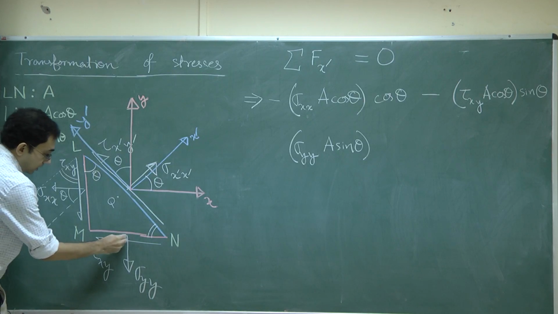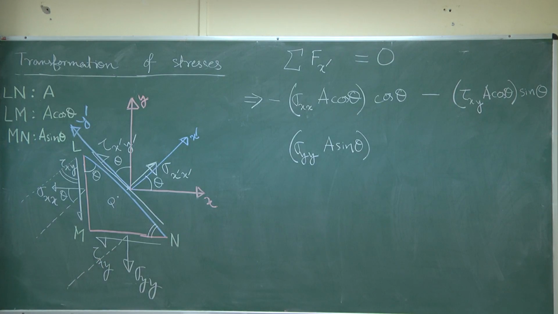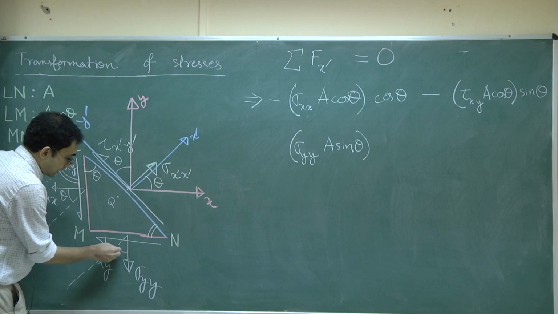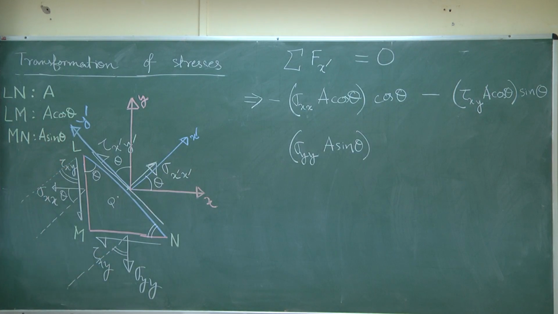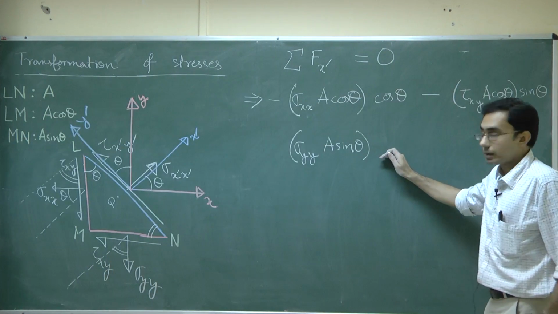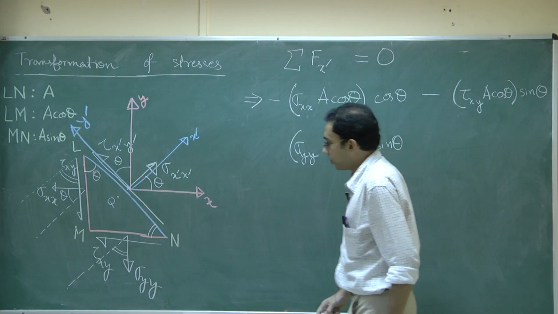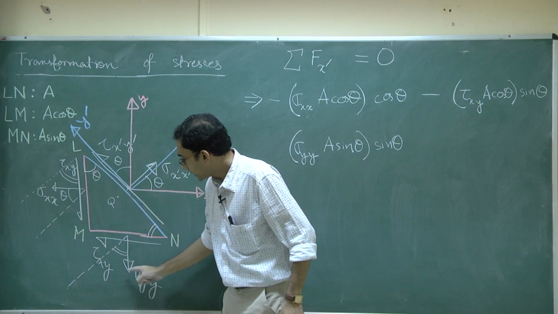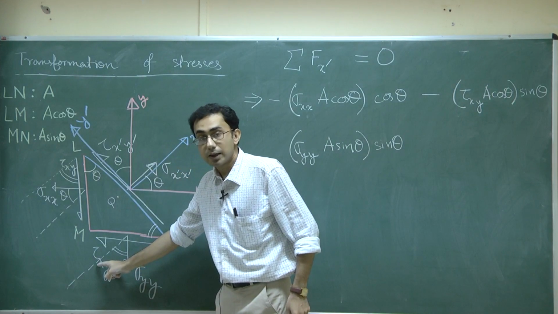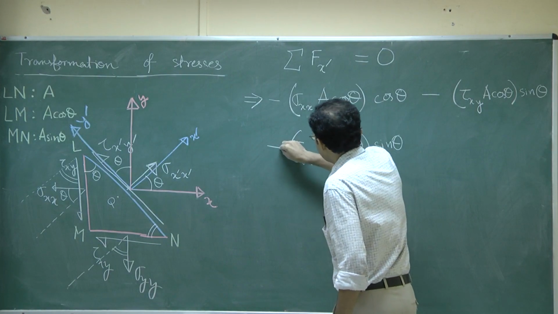We draw a dashed line which is parallel to the x dash direction, and just by comparing with this particular case, we can immediately identify that this angle is also going to be 90 degree minus theta. So, what we need to write here is cos of 90 degree minus theta, which is nothing but sin theta. And finally, you note that this is pointing downward. When we take the component of it along this dashed line, this is along the negative x dash direction. So, we need to put a minus sign here.